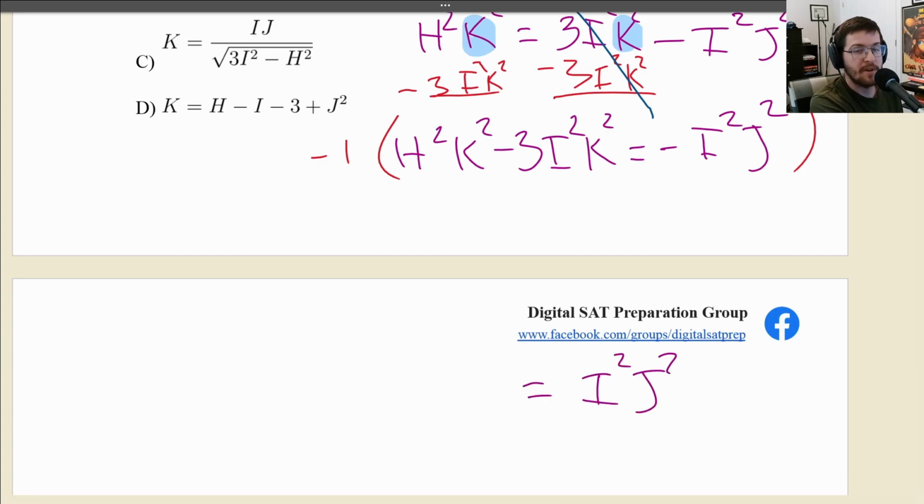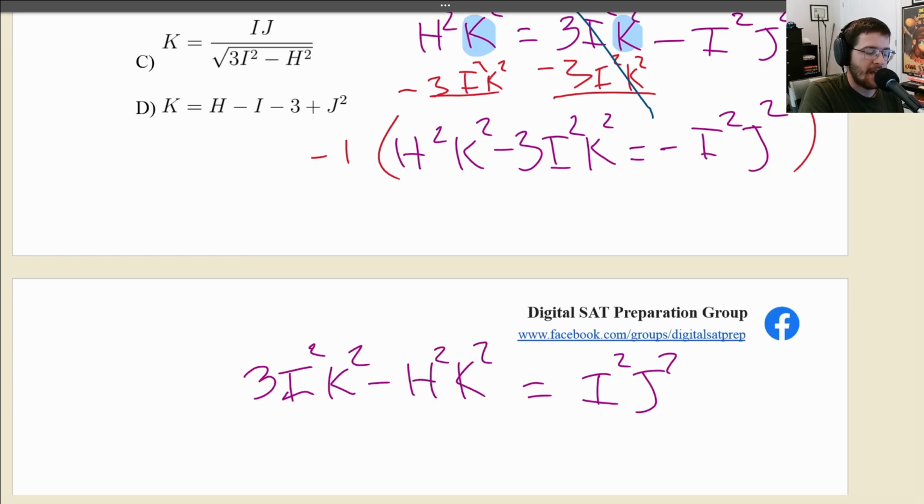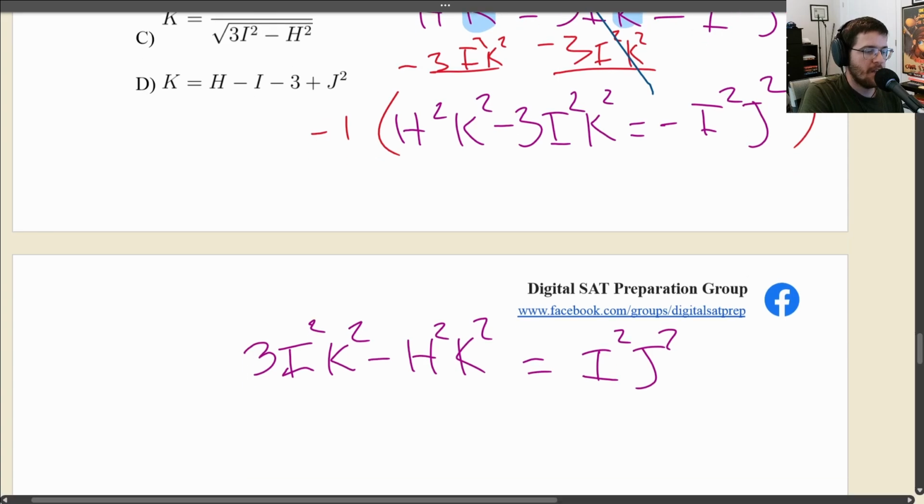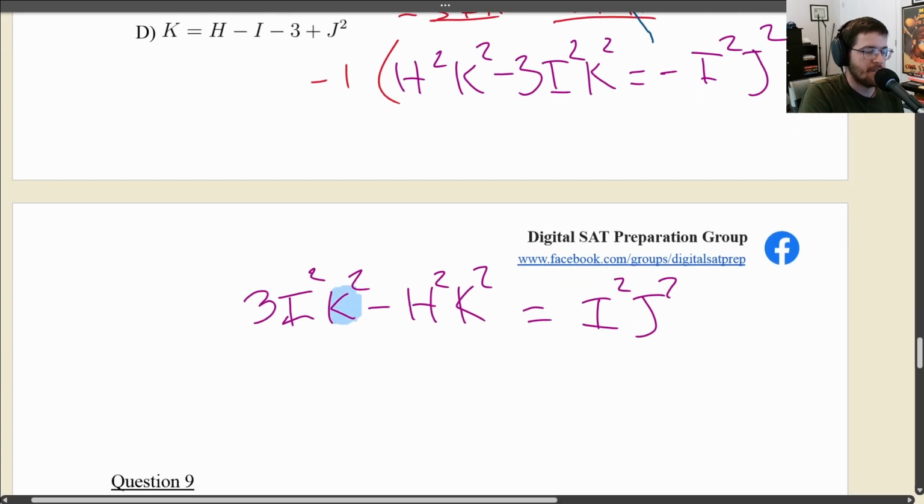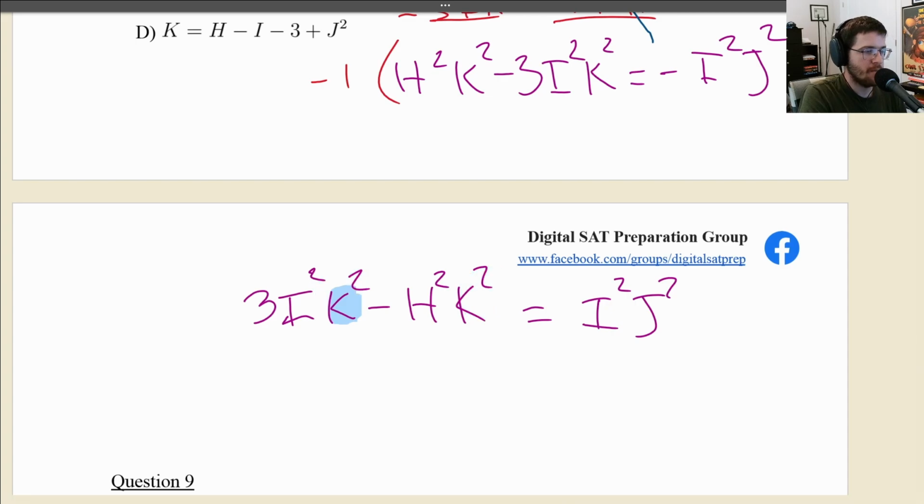And then remember, we talked about differences. When you multiply by a negative, the difference just gets switched around. So 3i squared k squared minus h squared k squared. And this looks really good all of a sudden. Okay, so now we want to get k by itself. And we're going to pull out a common factor, not just of k squared, because they both have k squared.